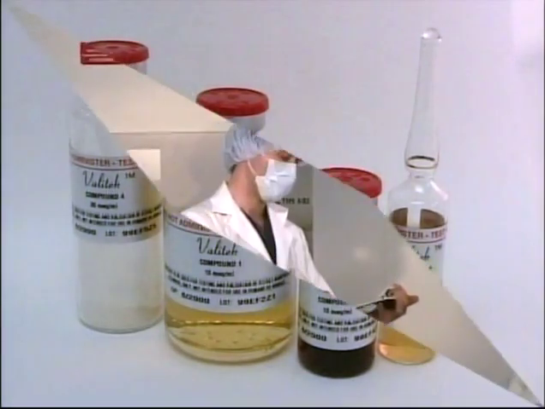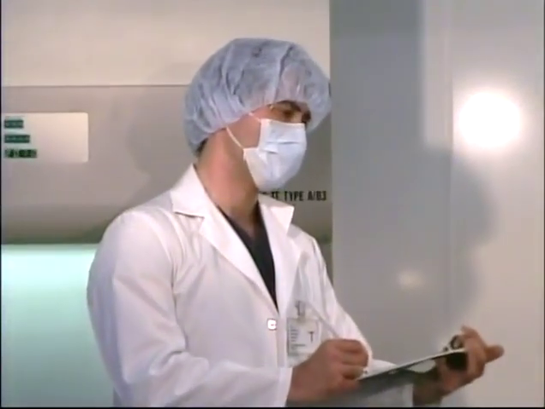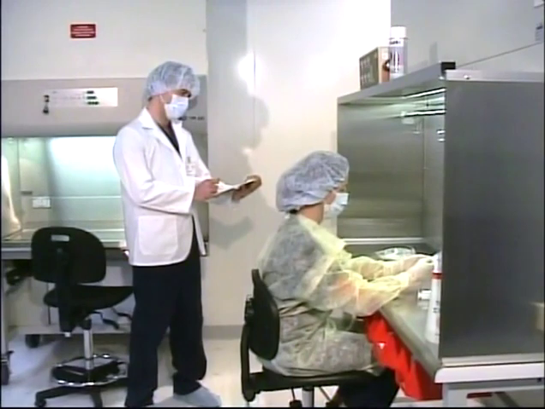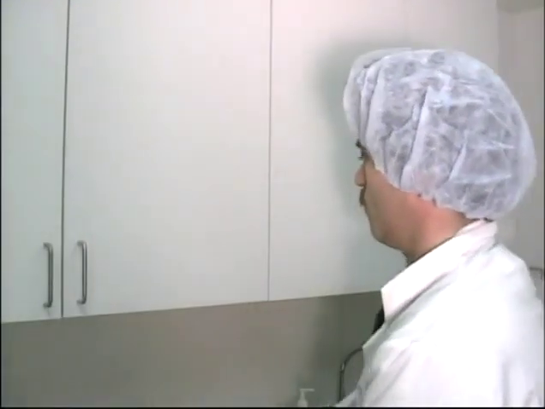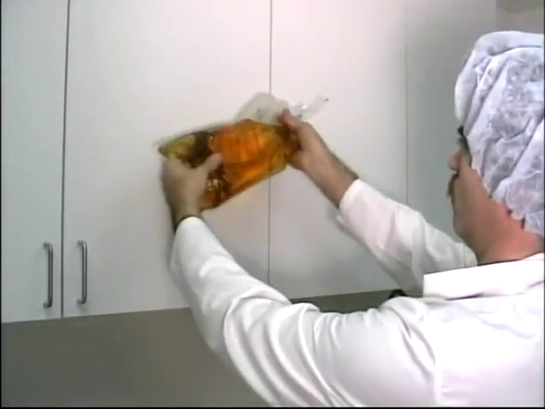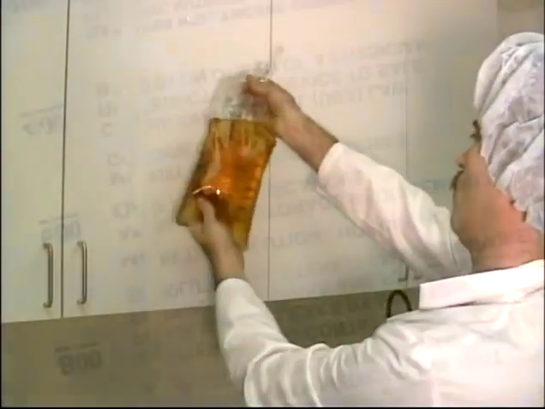While you're conducting this simulation, you will be observed by your pharmacy preceptor for compliance with your institution's policies and procedures. The simulated products you produce will be incubated for the required time, after which they will be observed for clarity, indicating that you have properly compounded the products without introducing any viable contaminants.